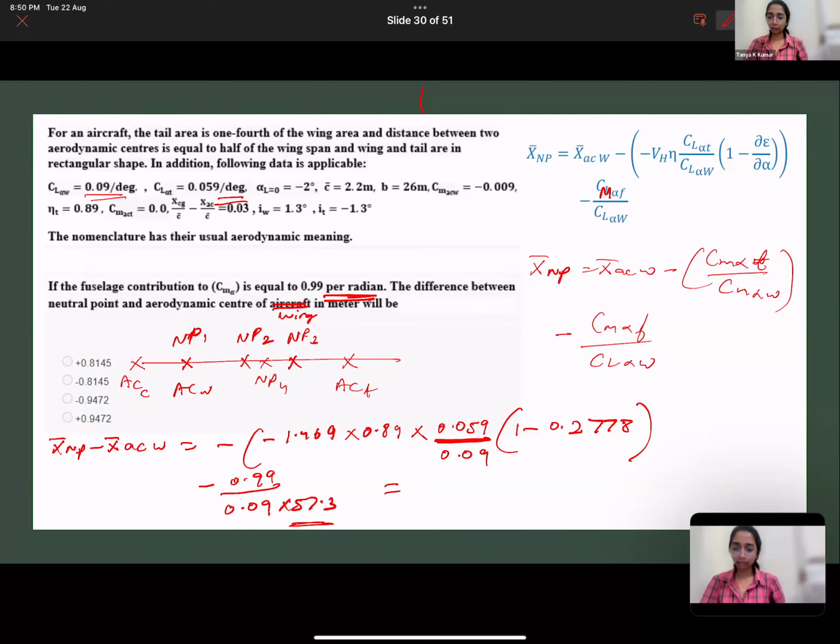Can you tell me the value? So just realize that we have just calculated this. This quantity we have just calculated as CM alpha of the tail.